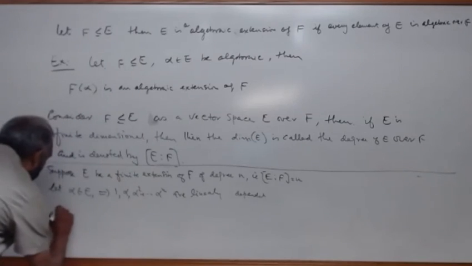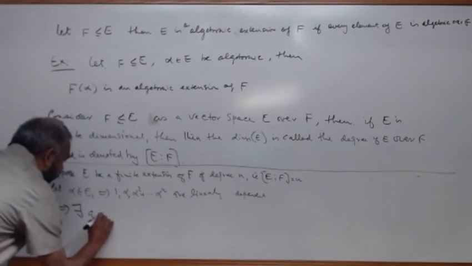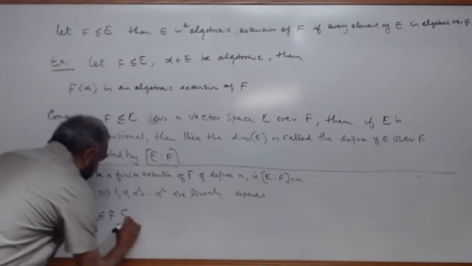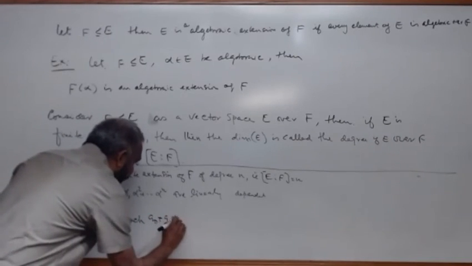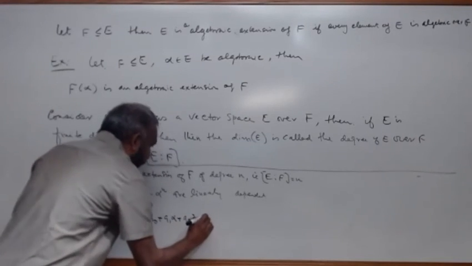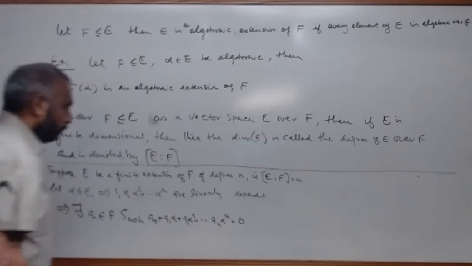That means there exist ai in F such that a0 plus a1 alpha plus a2 alpha square plus up to an alpha to the power of n is equal to 0.